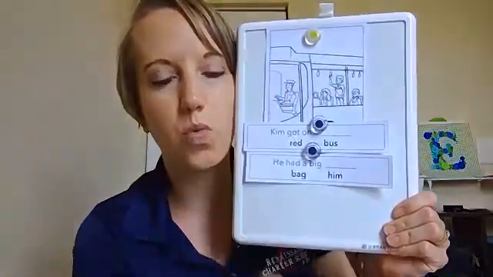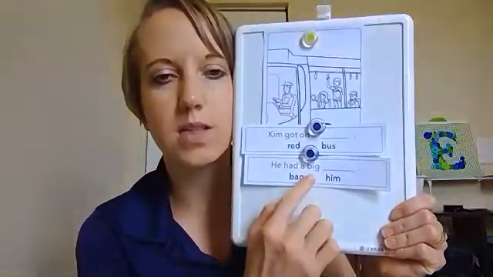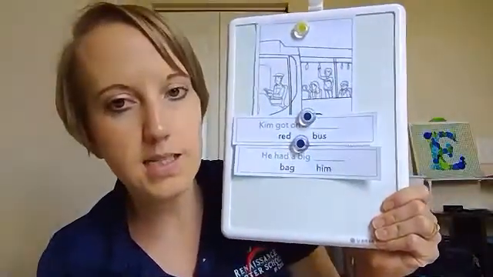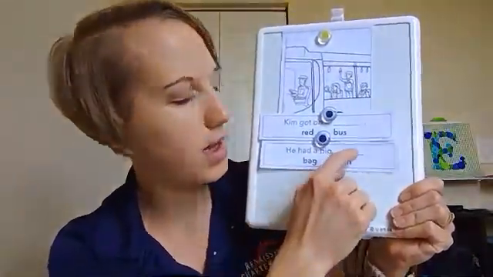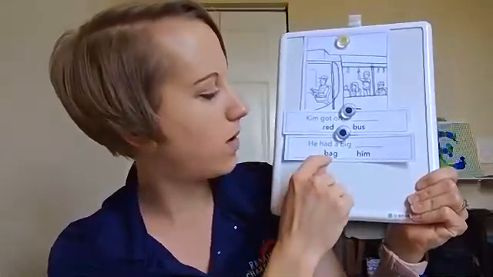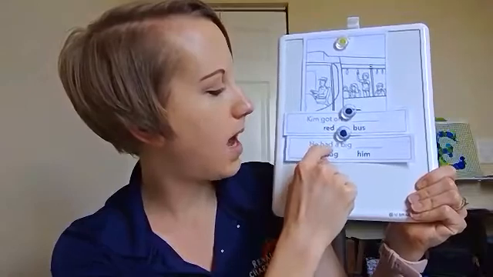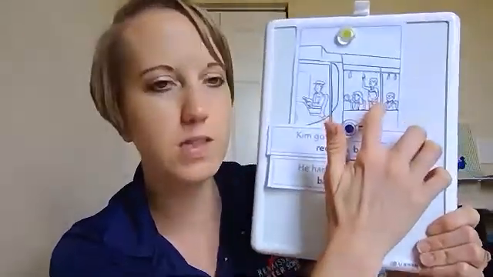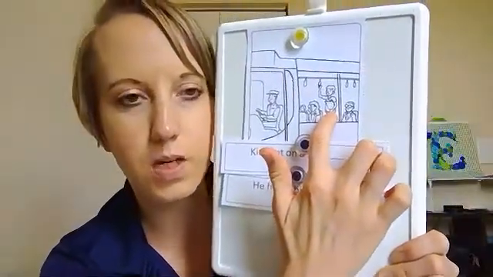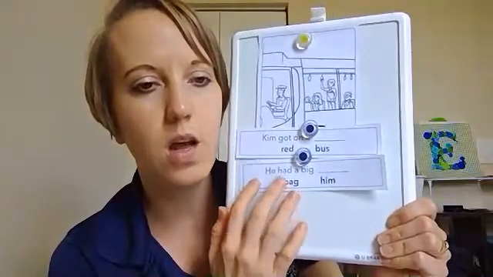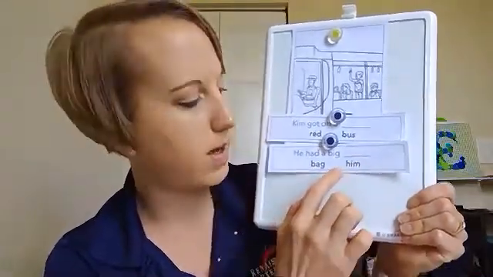I'm not sure which one yet. Let's try the words to see if we can figure out what word is missing. Our second step was to try each word in that blank to see if it makes sense. So let's do the first one, bag. He had a big bag. I do see that there's a boy in the picture holding a bag. So I think that might be our right answer, but let's check the other one just to make sure.